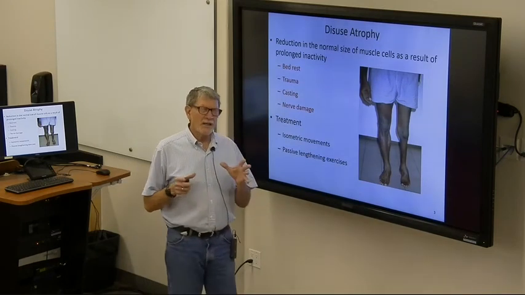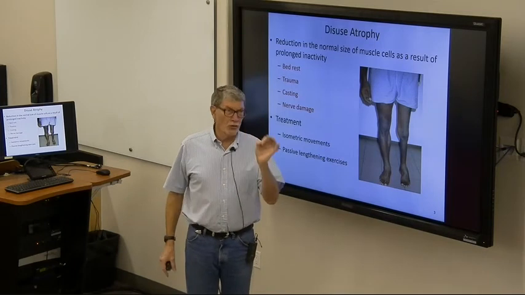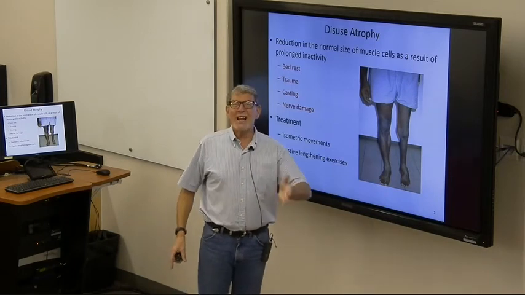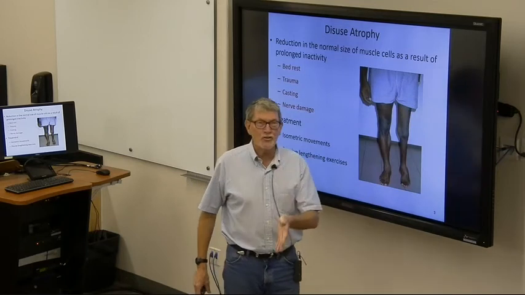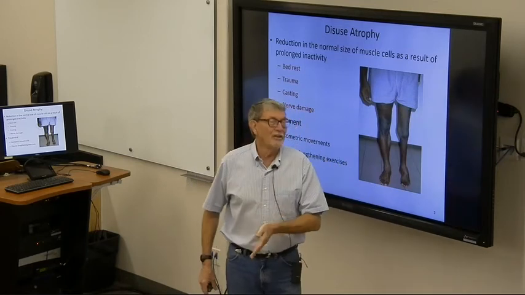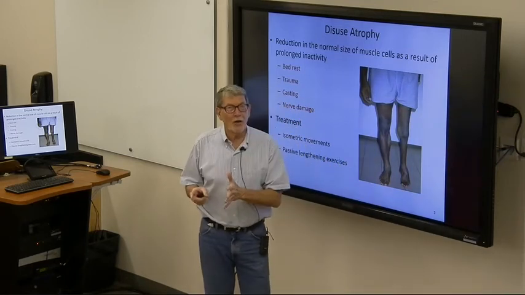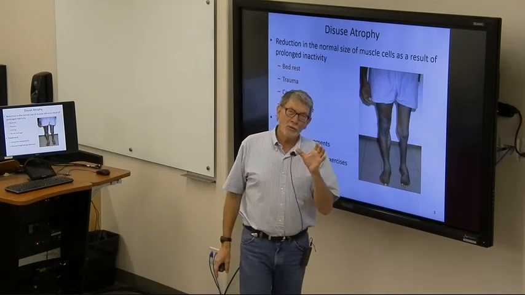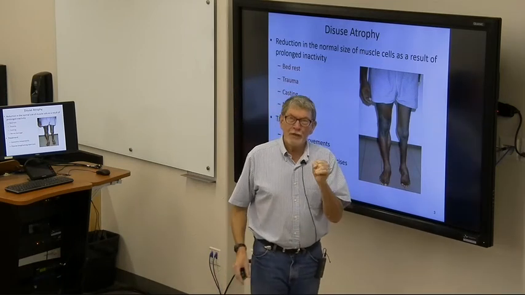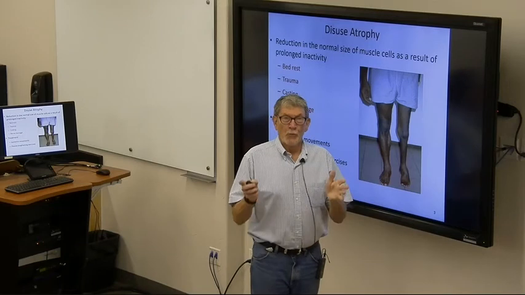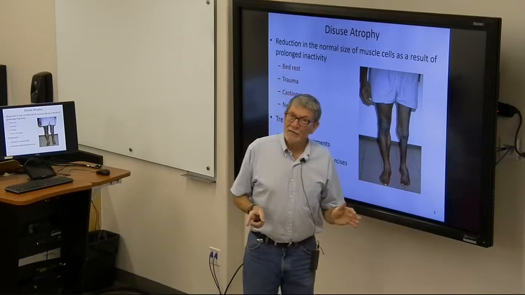In that case, the cells which are normally getting stimulated every once in a while, even just by accident, which keeps them active and healthy, if they're totally unstimulated, they first atrophy and then they die. And once they're gone, you can't get them back.